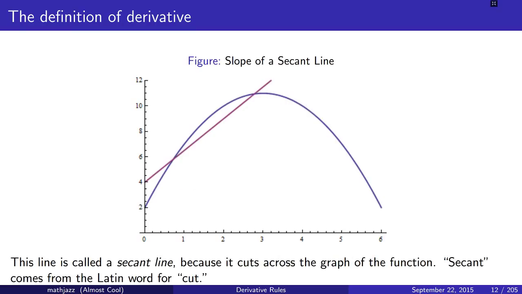Oh, for people that love words and the history of words, this line is called a secant line because it cuts across the graph of the function. Secant comes from the Latin word for cut. Now, secant is also the name of a trigonometric function, and if you go to our trigonometric function videos, you'll see that on the old ancient definition of secant, the secant is defined as the length of a certain line segment, and that line segment actually will cut across a circle.